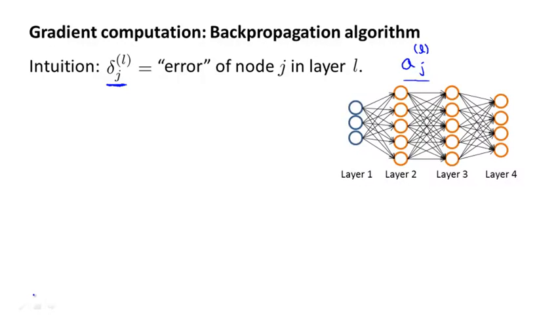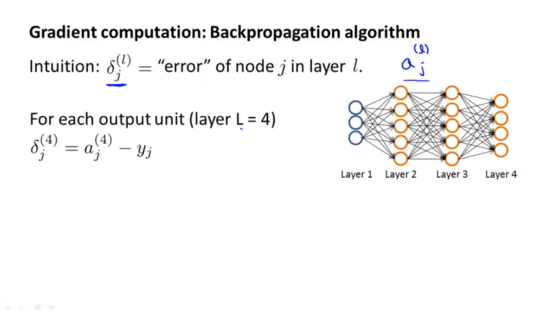Concretely, taking the example neural network that we have on the right, which has 4 layers, and so capital L is equal to 4. For each output unit, we're going to compute this delta term. So delta for the jth unit in the 4th layer is equal to just the activation of that unit minus what was the actual value observed in our training example.